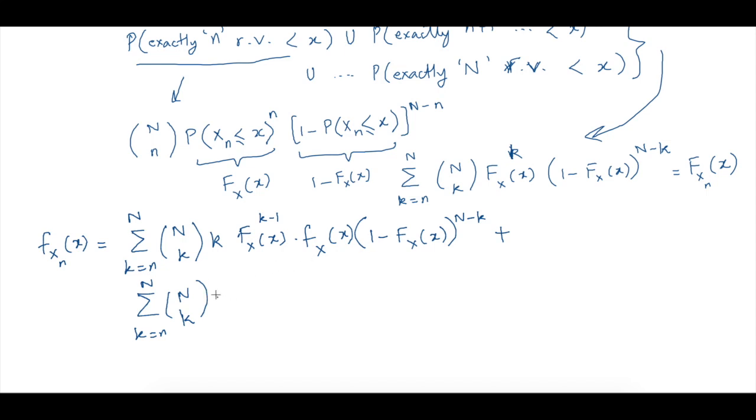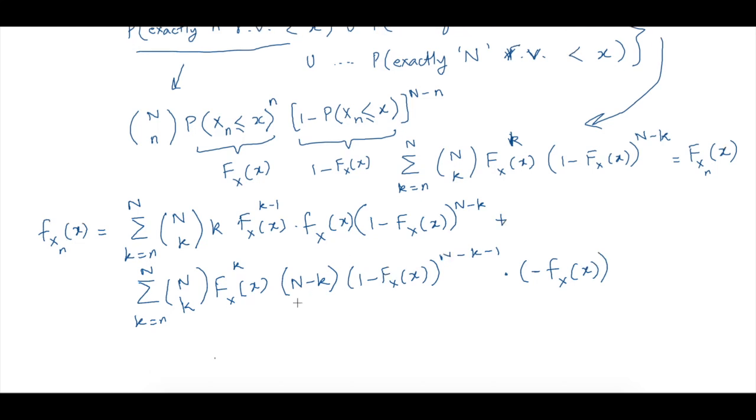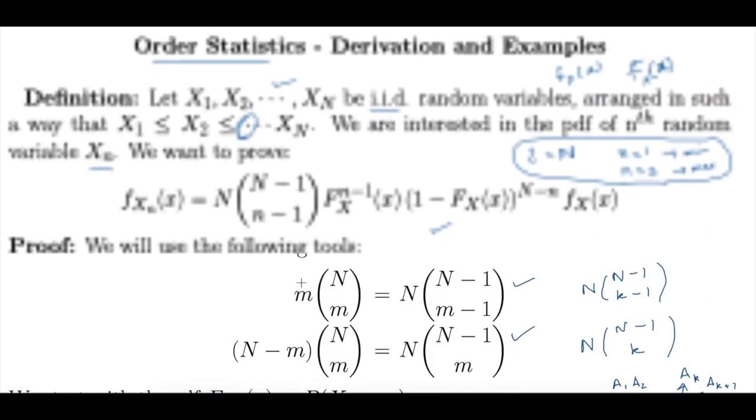Okay. Then this term is as it is, the first term is as it is, and the second term is n minus k, 1 minus F_X(x), n minus k minus 1, times minus f_X, because of this minus here. Okay, so here I will make use of these two things.